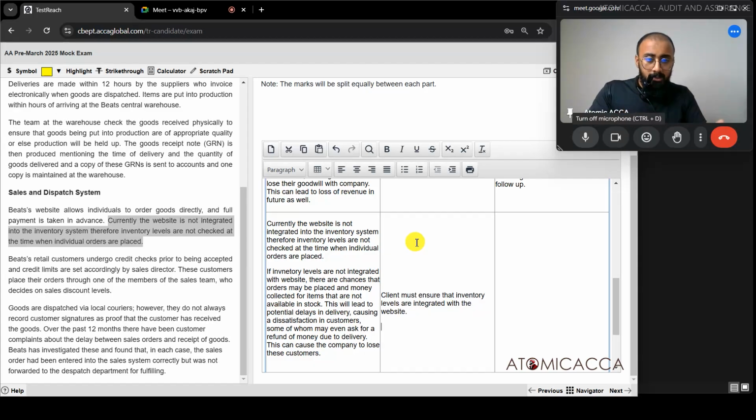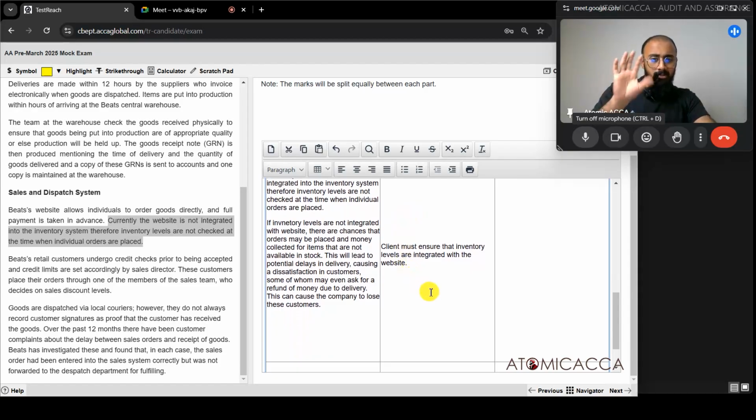What else can be done? It's not only that it is integrated and the website knows it, this must be shown to the customer as well. Just imagine yourself ordering from Amazon. If an item is out of stock or if it's limited stock, what do you see over there? When you're placing an order, it will show that okay, limited stock, only 5 available, or it is out of stock, you can't place an order. So like that, just be practical and tell that updation should be made on the website.